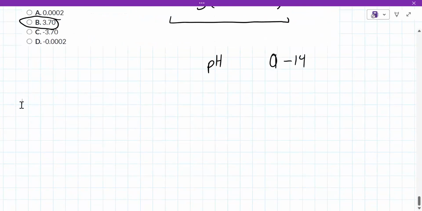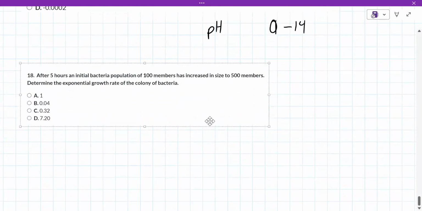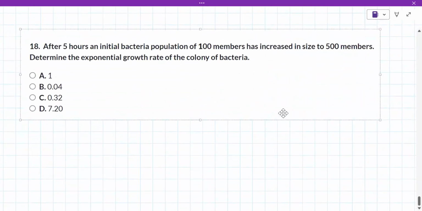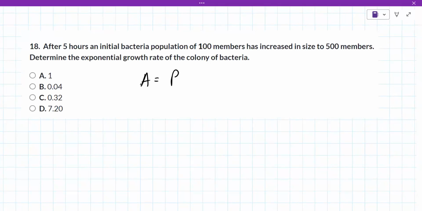So good, very good. All right, here is another problem for us to look at. It says after 5 hours, an initial bacteria population of 100 members has increased in size to 500 members. Determine the exponential growth rate of the colony of bacteria. So the formula we're using is PAT.